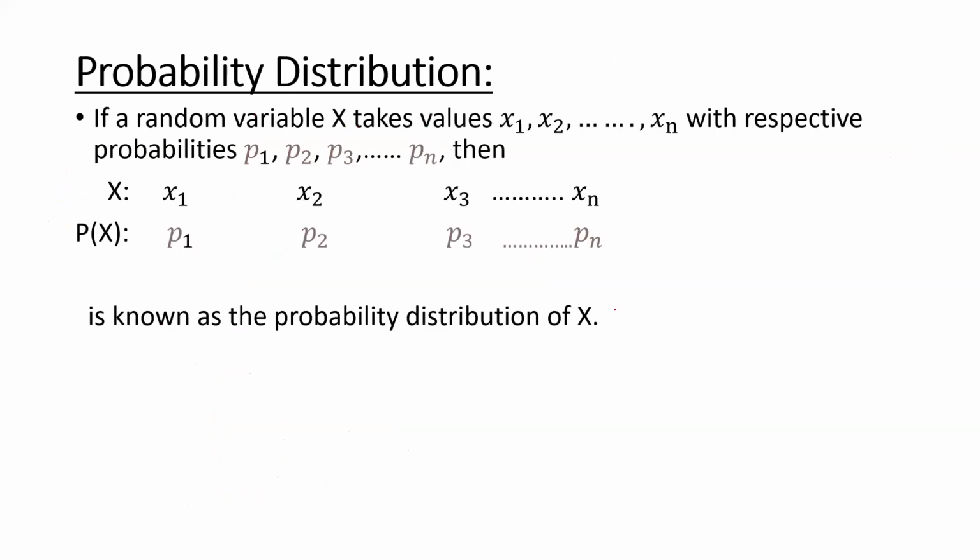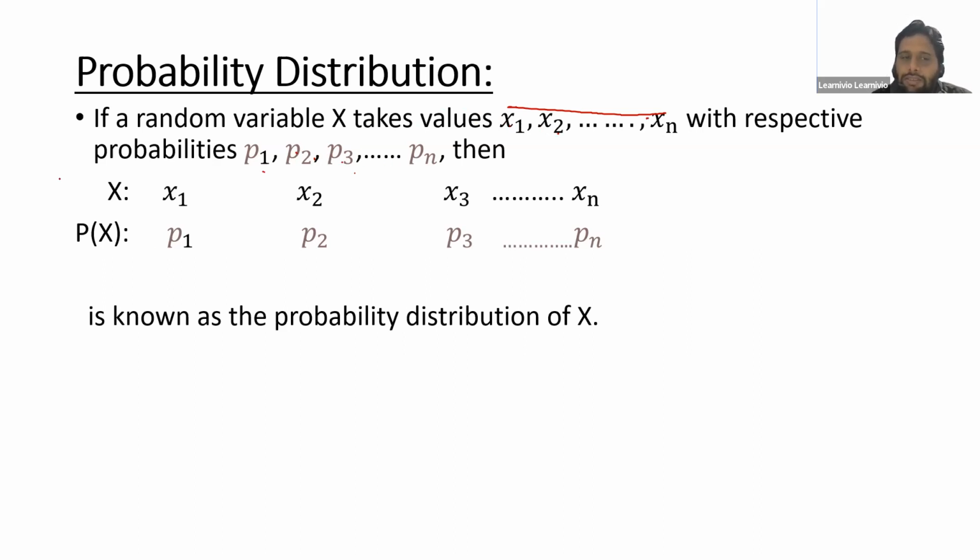Okay, great. Next is probability distribution. I will explain random variable again when we start the questions. What is a probability distribution? If a random variable X takes values x1, x2, x3, up to xn, and these are their probabilities p1, p2, p3, that means the probability of x1 is p1, of x2 is p2, of x3 is p3, and so on.